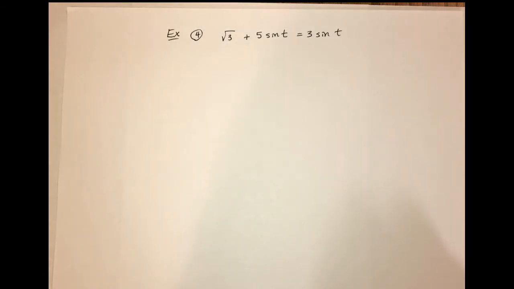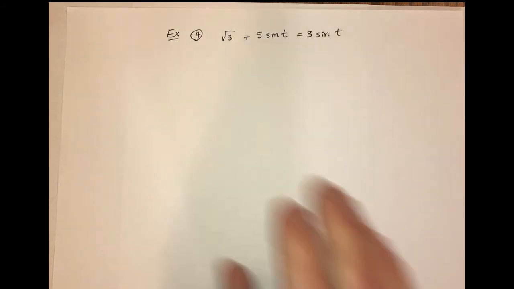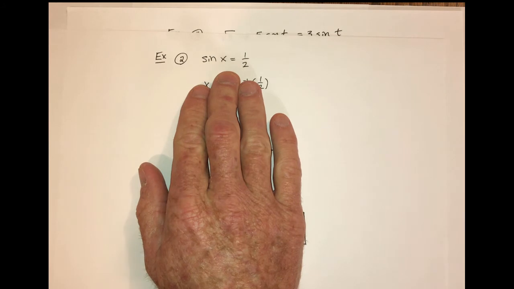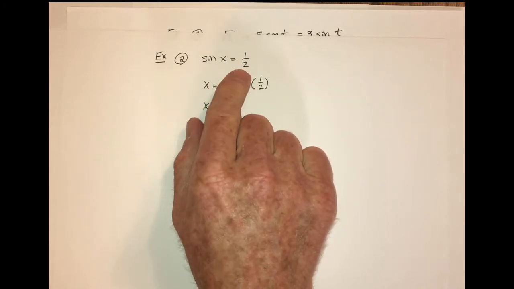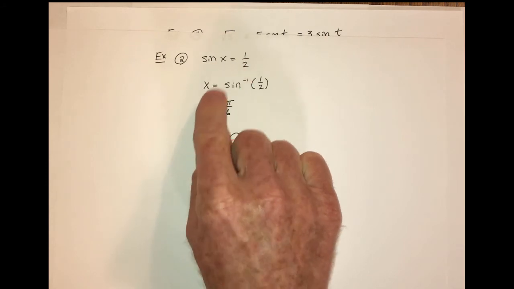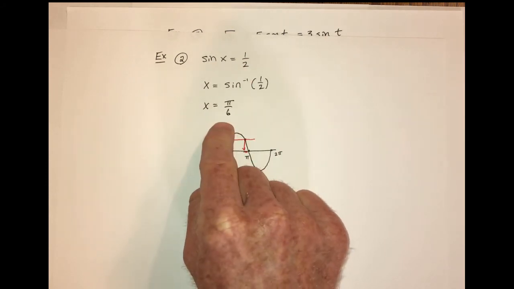So the first thing we need to do is make it look something like this, where it just says sine equals a number. Because once you have it simplified to sine equals a number, then you could do sine inverse, and that gives you your first solution.